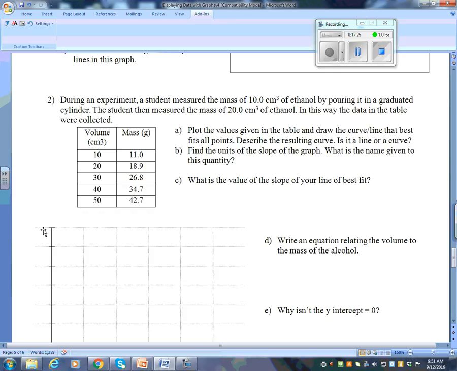Single line that goes through as many as possible. I love physics. It's a lot of fun. I'm here to help.